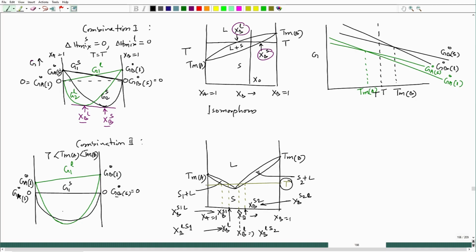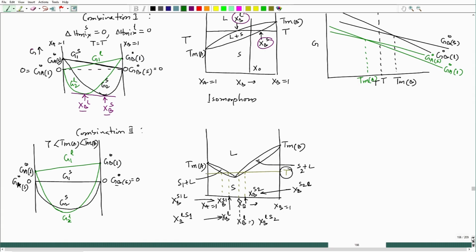This is G 2 solid, and this one is G 2 liquid, and we can have common tangent on both sides. This is one common tangent, and here is one more common tangent.